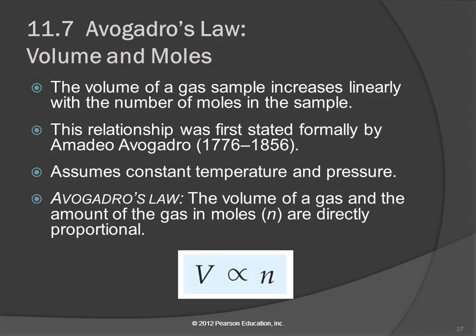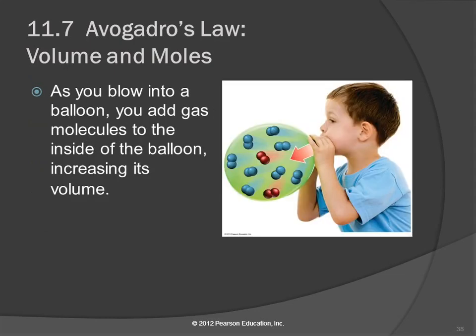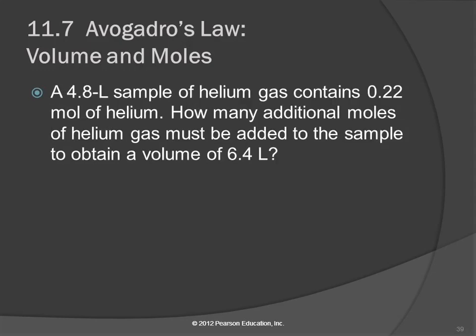The volume is not proportional to the mass of the gas. It's proportional to the number of particles, and so that's important. Here's a picture of a little boy. It's kind of obvious, but you blow into a balloon, you're pushing air into the balloon and you increase its volume. So let's do an example.